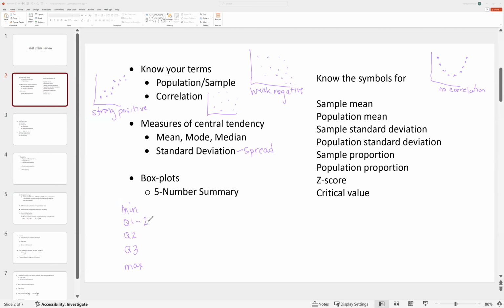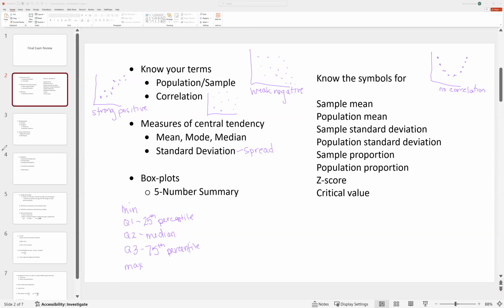Q1 is the 25th percentile. Q2 is your median. So basically what Q2 does is it splits your data in half. Q1 then splits the first half of the data in half. And Q3 then is your 75th percentile, splitting the last half of the data in half.